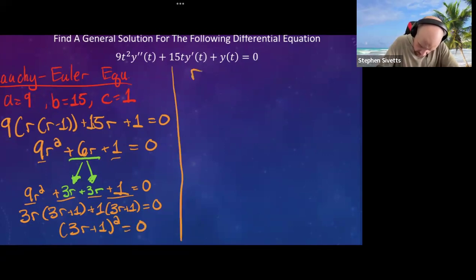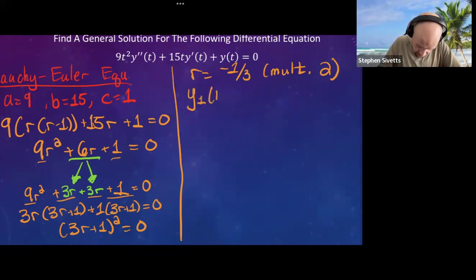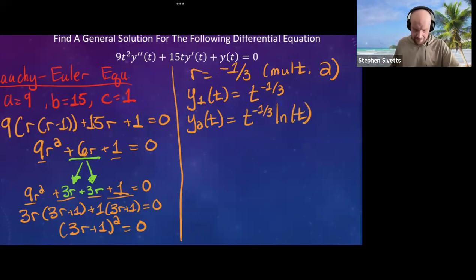So therefore, R is equal to negative 1/3 with multiplicity 2, right? Multiplicity 2. So what that means is y1 of t will equal t to the minus 1/3, and then y2 of t is equal to t to the minus 1/3 times natural log of t.